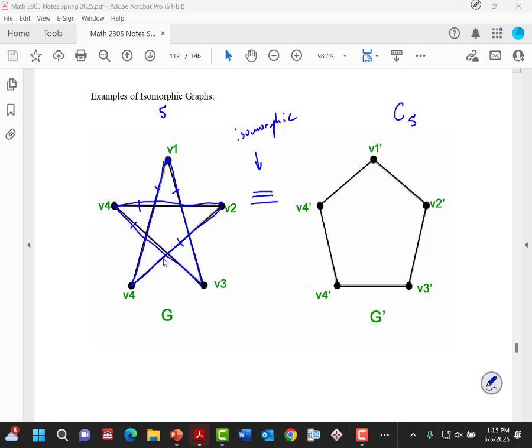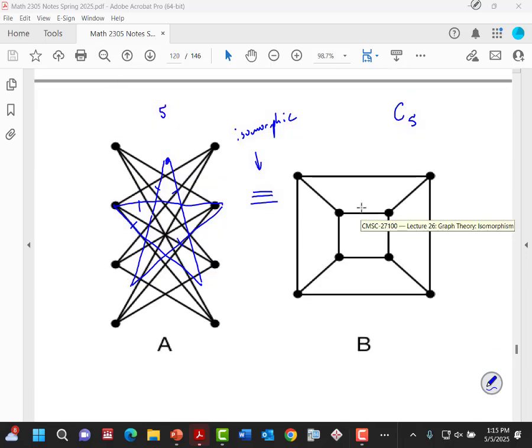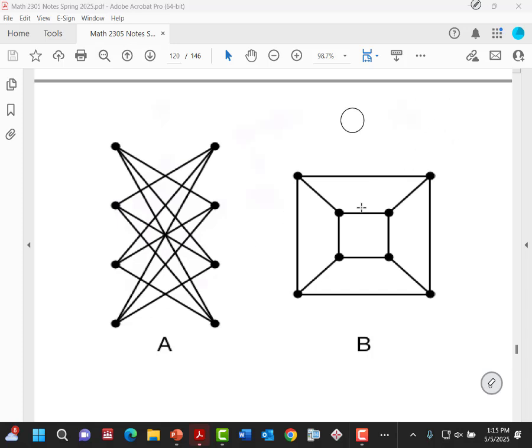If I take a look at one other one. So this graph here on the left, if I look carefully, and compare it to this one here on the right, notice this is a rectangle inside of a rectangle.